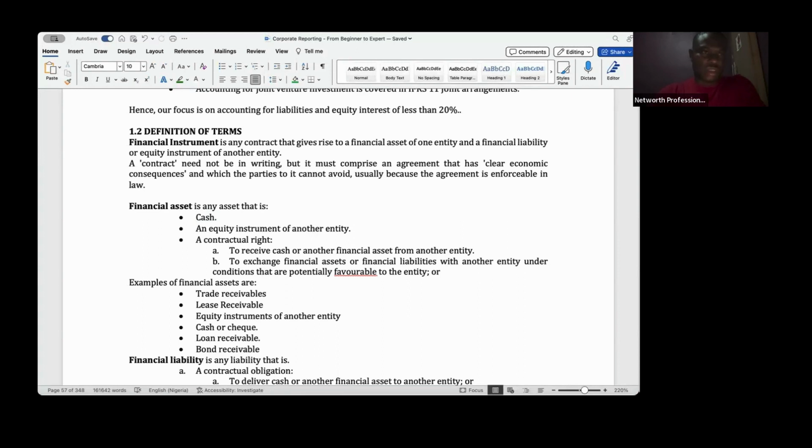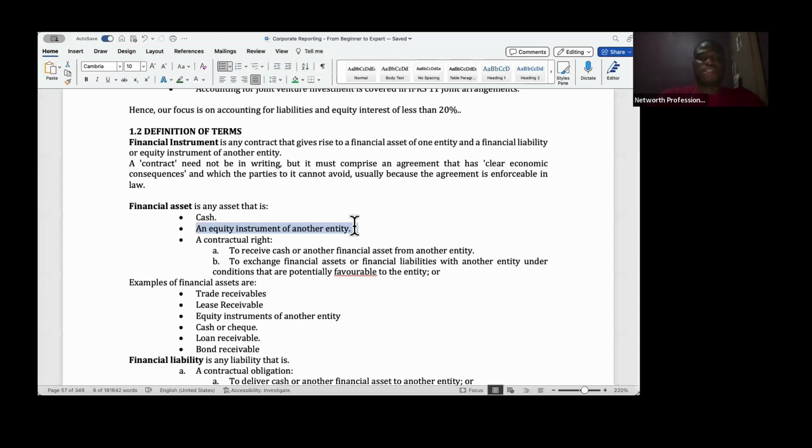a financial asset. So the first thing is that a financial asset is cash. Then the second is that a financial asset is also an equity instrument of another entity. In the sense that if you buy shares of a company, like when MTN came out, a lot of youths bought their shares, and I'm sure that some of you might have shares in a company.